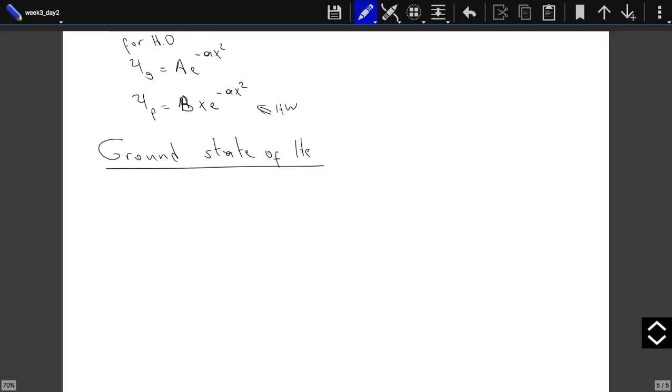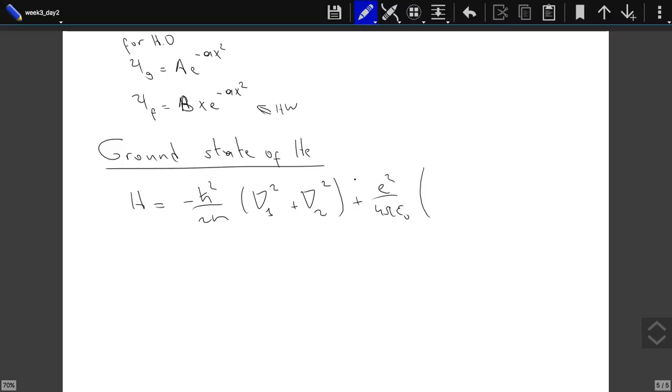Now we have 2 electrons in helium, and the Hamiltonian of our system will be minus h bar squared over 2m, Laplacian with respect to the first electron, the Laplacian with respect to the second electron, plus there will be the potential energy between the electrons and the nuclei, minus e squared over 4 pi epsilon 0, 1 over R1 plus 1 over R2.